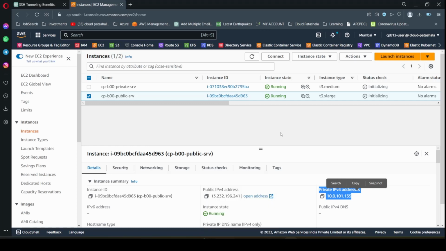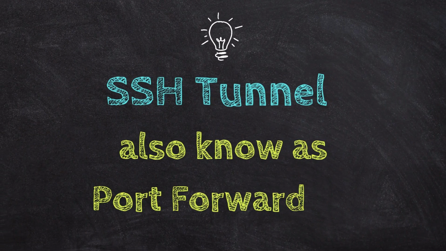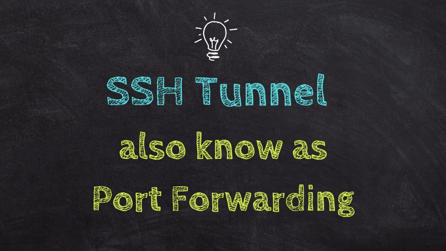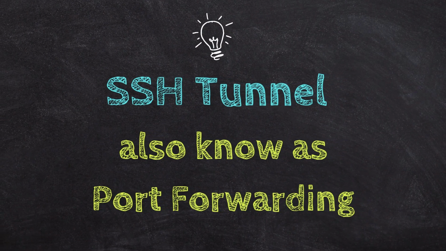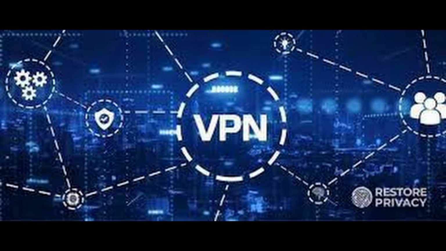In order to circumvent this, as this could be confusing for a few people, we have a concept called SSH tunnel. SSH tunneling, also known as SSH port forwarding, is a technique for establishing an encrypted connection between two computers over an unsecured network.